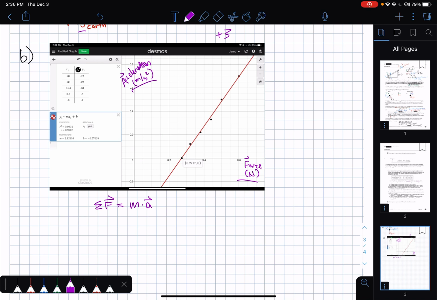Since we're looking at acceleration versus force, acceleration is 1 over m times the summation of our forces. So our slope is equal to 1 over m.